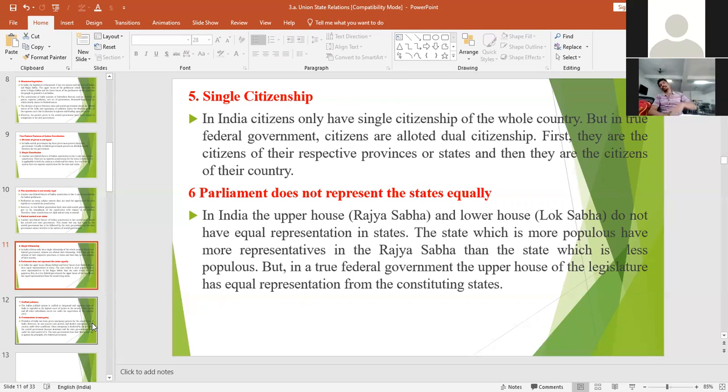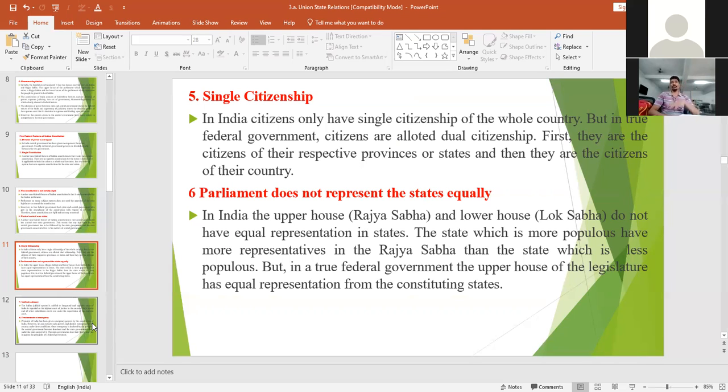Another feature is that the Parliament does not represent the states equally. In the upper house, the Rajya Sabha, there is no equal representation of the states. The state with more population has more representatives in the Rajya Sabha than the state with the least population.